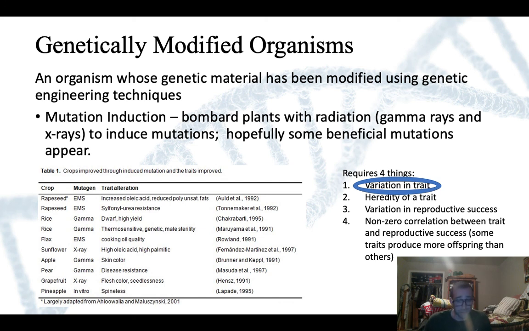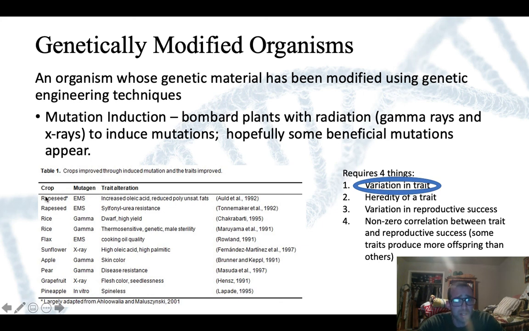But we just did this with our plants, right? We would bombard them with radiation, and sometimes there would be a beneficial mutation that would occur. Remember, most mutations that occur are either neutral or harmful, but sometimes you get a beneficial one. And as examples, here are some crop varieties or mutations that we were able to create through this process.